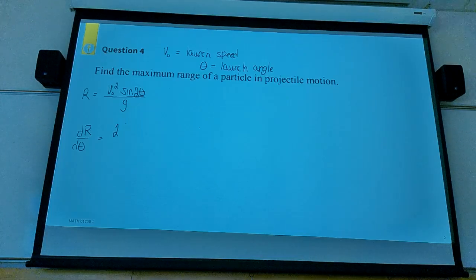You have one too many terms. What are we differentiating with respect to? It's that second one, right? And V naught is a constant. V naught is not a function of theta.